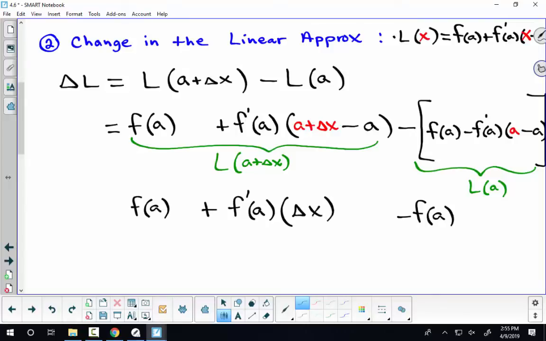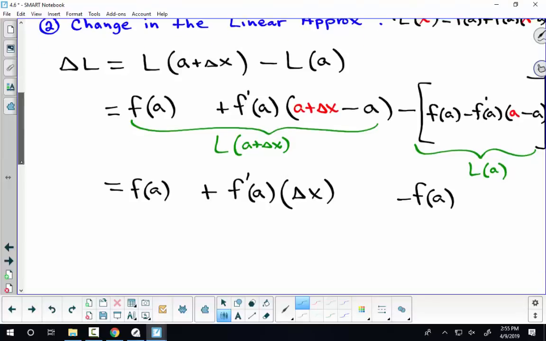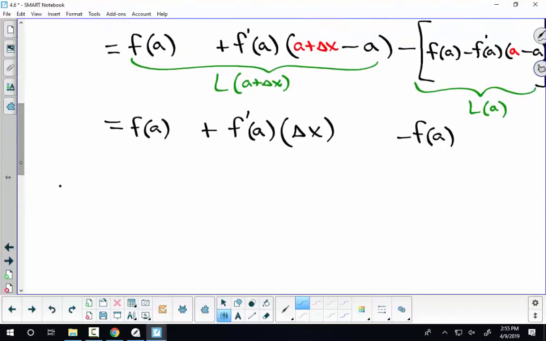We're just left with delta x. So we get that the change in the linear approximation is f prime of a times delta x. That's the change.